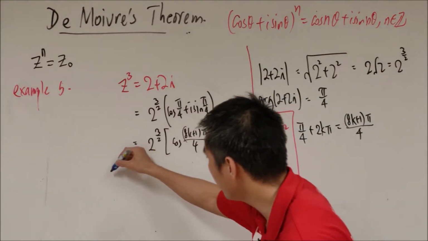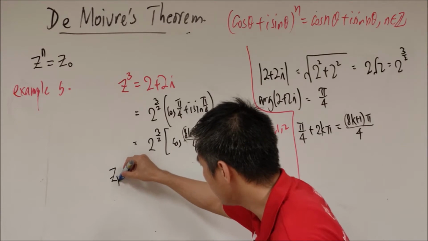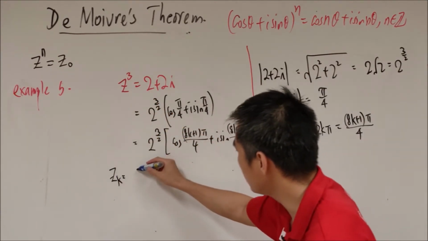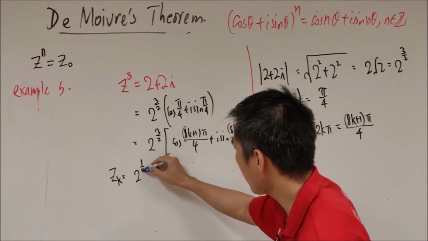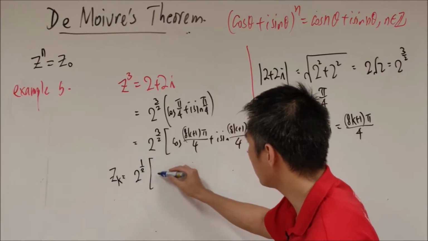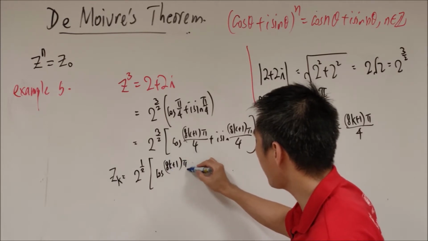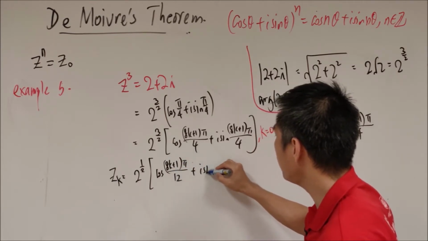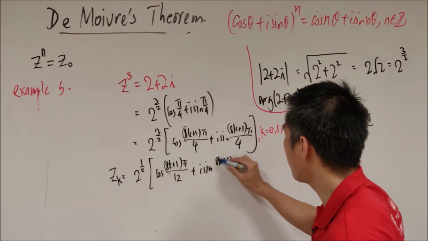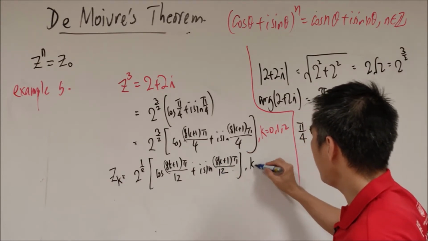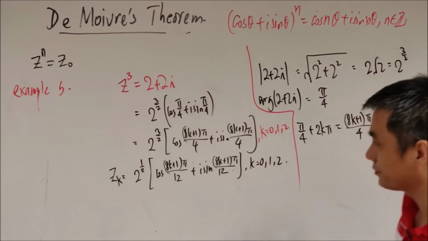And therefore z_k, after we take the cube root, is 2^(1/2) times (cosine (8k + 1) pi over 12 plus i sine (8k + 1) pi over 12), where k equals 0, 1 or 2.